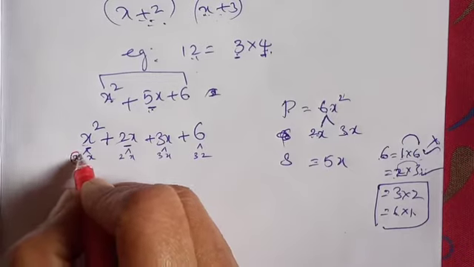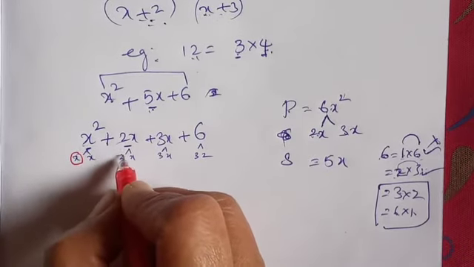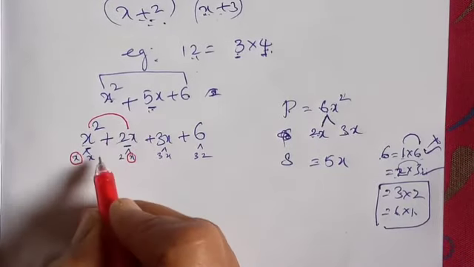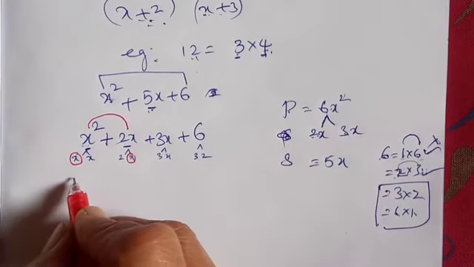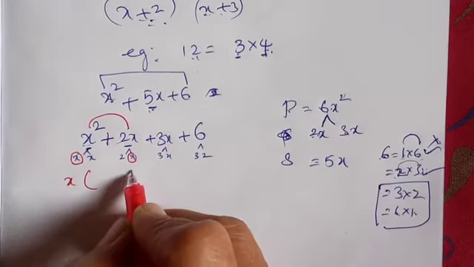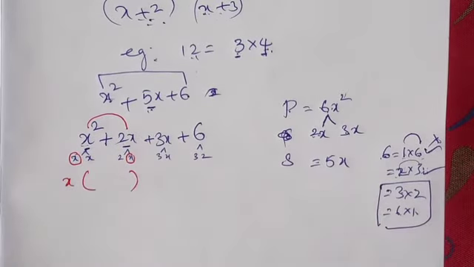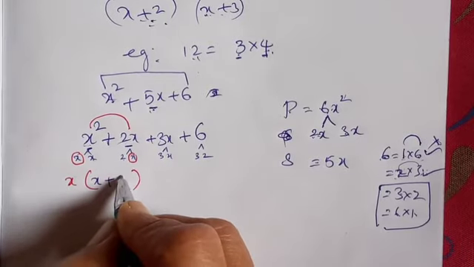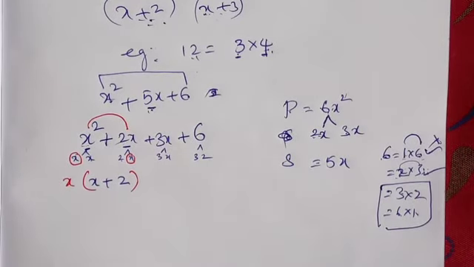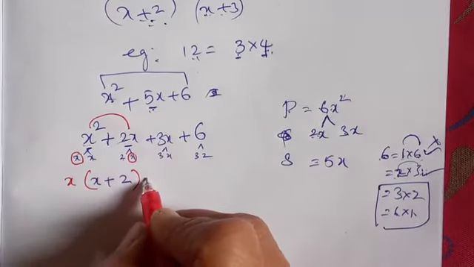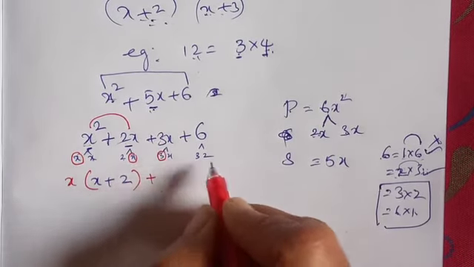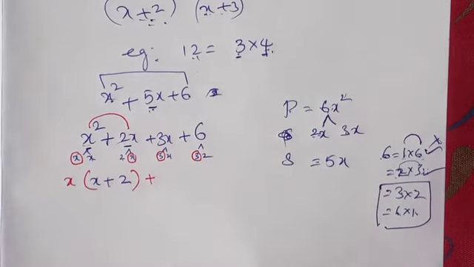Okay, children. Now I can pick out the common one. See this x, in these two terms, this x I can take common. I took x common, and what is left here? x plus 2 is left. Okay, next this plus as it is I am writing, and from these two I can take 3 common.